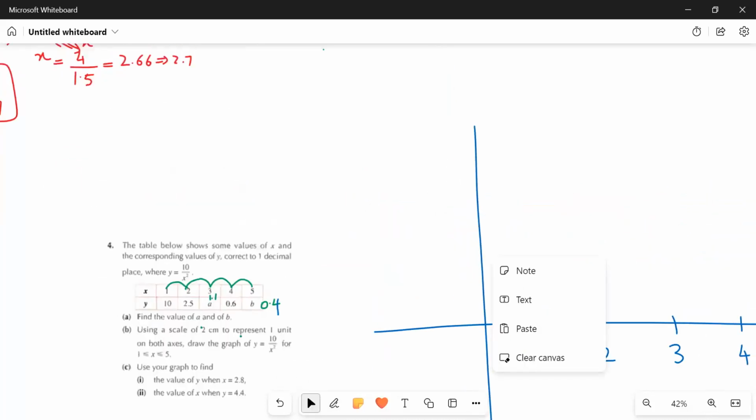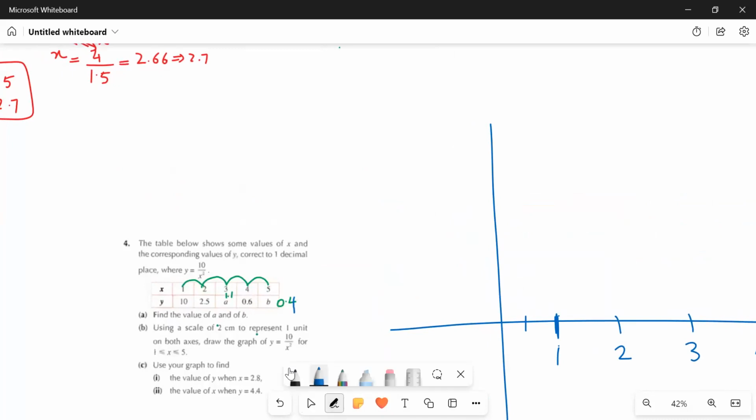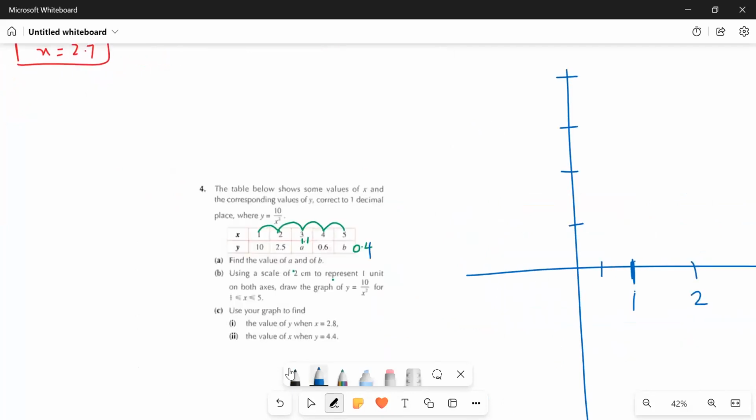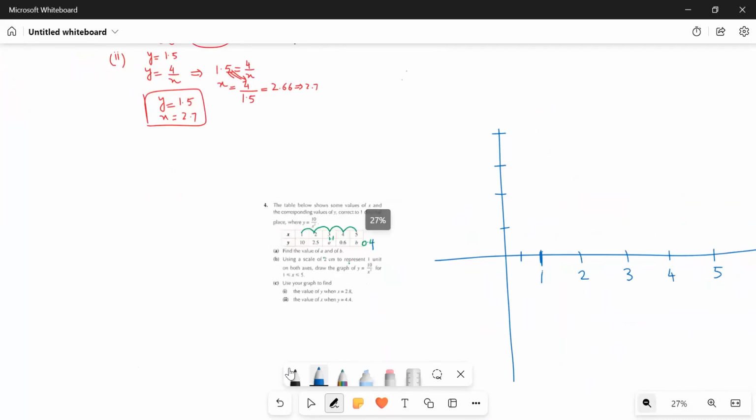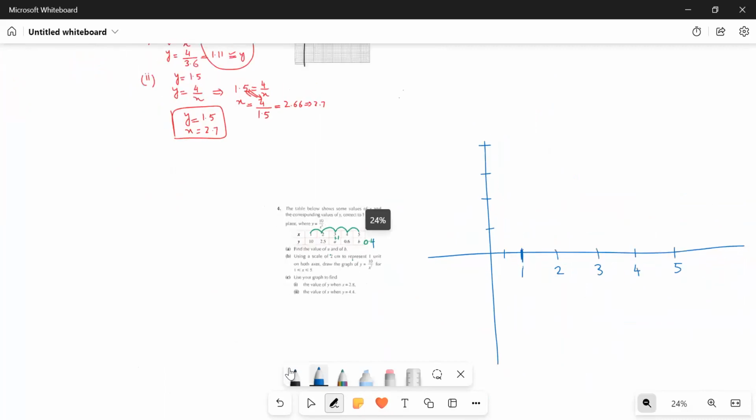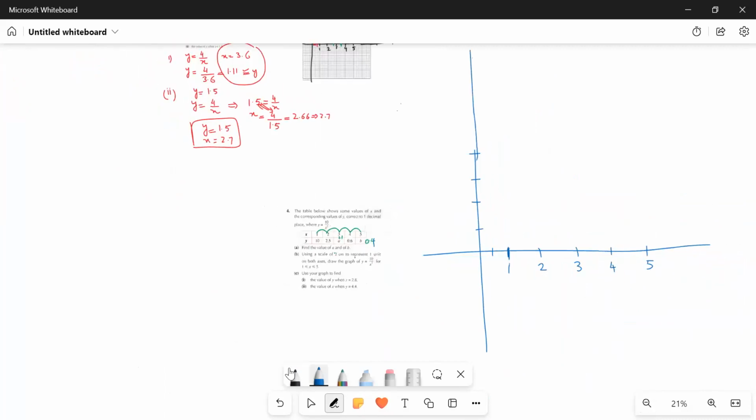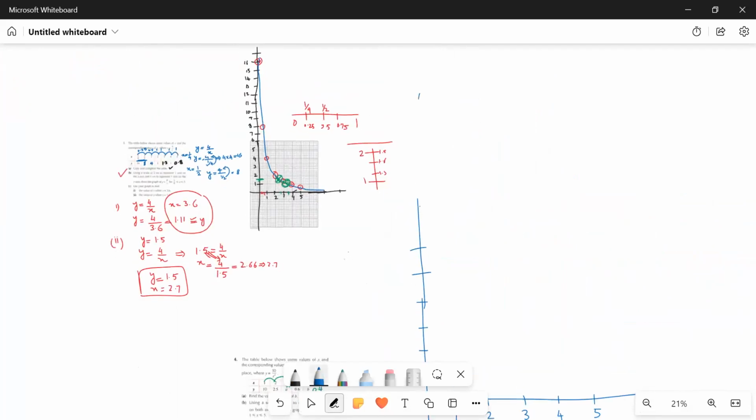So this one is 1, 2, 3, 4, 5, 6, 7, 8, 9, and 10.